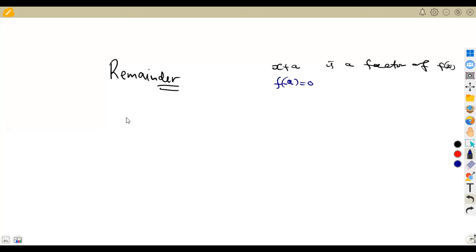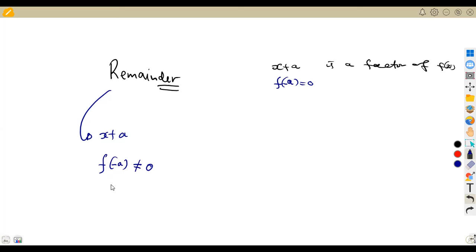At this time, for a remainder, if we are saying we divide by x plus a, no longer a vector, we are just dividing by that expression. If this expression is being divided into our f of x, it follows that we are going to have f of minus a. Substituting f of minus a is not going to give us zero, it is going to give us a certain value.